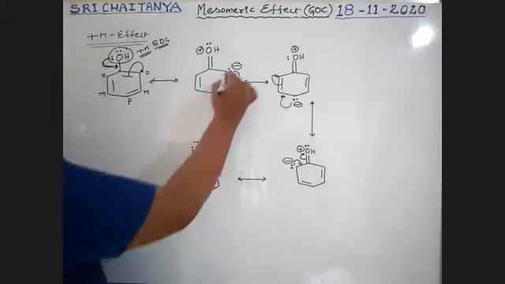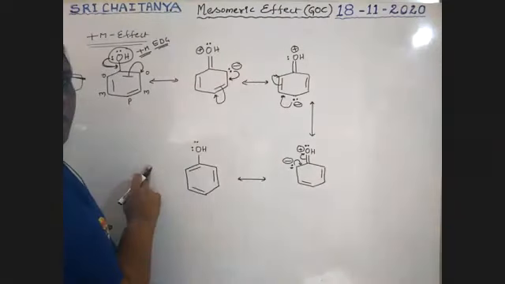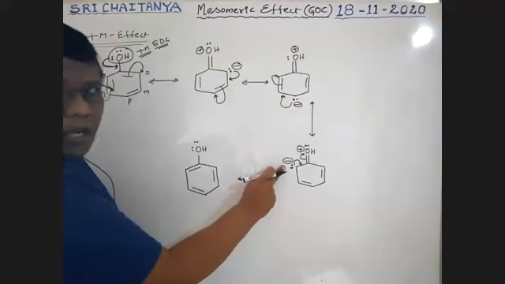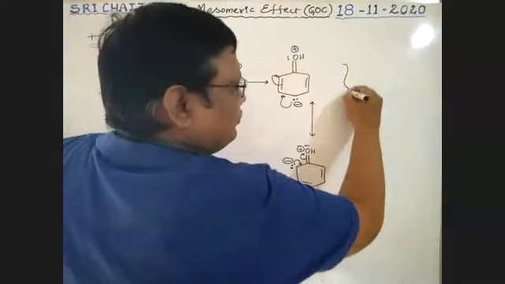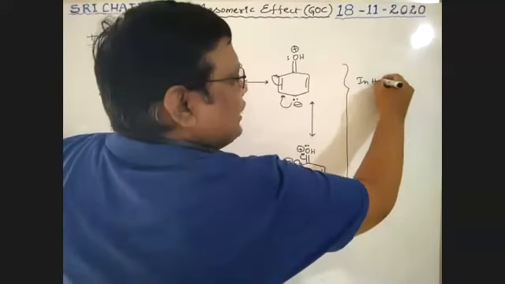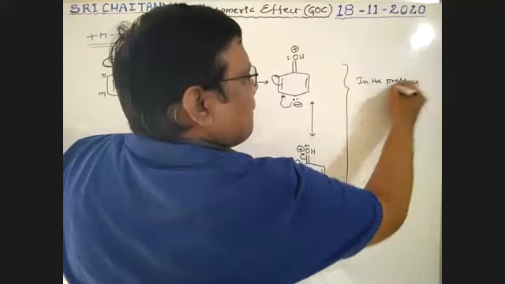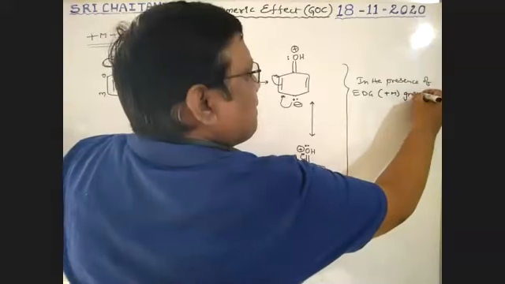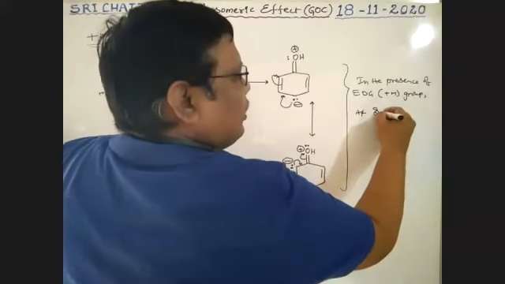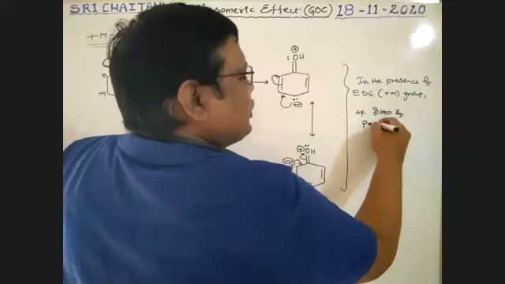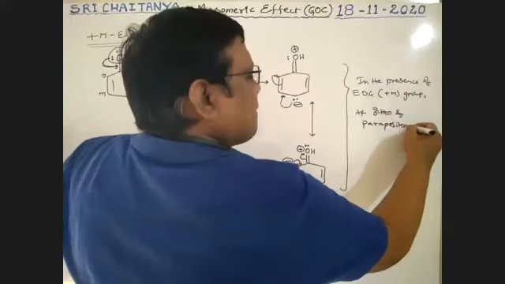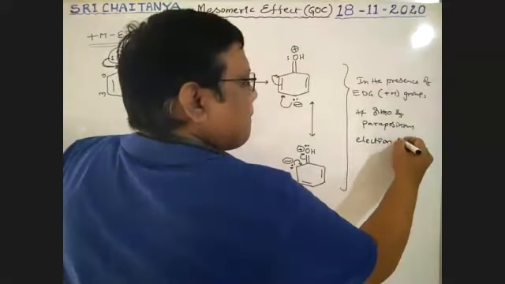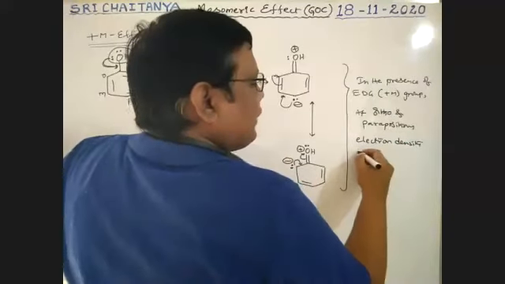Okay. See here, it is ortho. At the ortho position, negative charge is developed. It is para. At the para position, negative charge is developed. It is ortho. That means in the presence of an electron donating group, that is nothing but a plus M group, at ortho and para positions electron density is more.